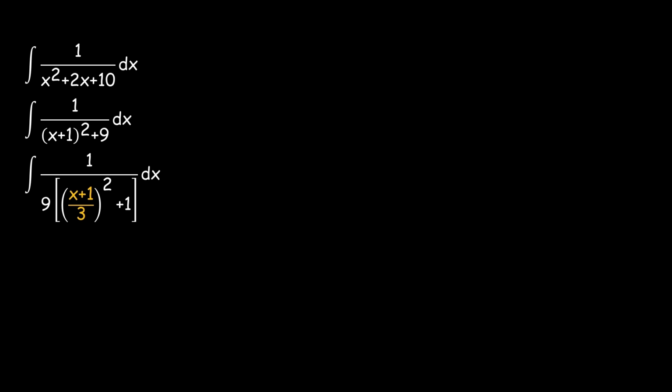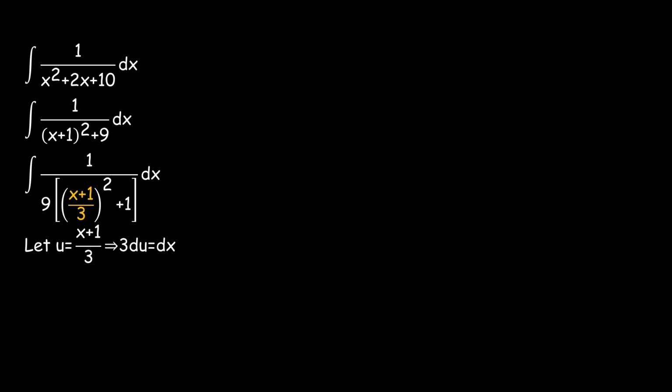Taking a look, we see that x plus 1 over 3, which is in the bracket, would have a derivative of 1/3, right? So I can let u be equal to that expression, so that du by dx equals 1/3. Okay, now 3 du is equal to dx.